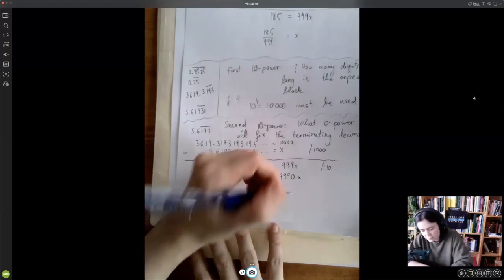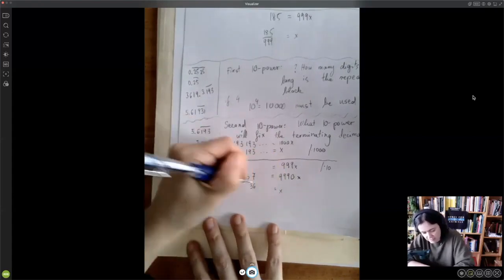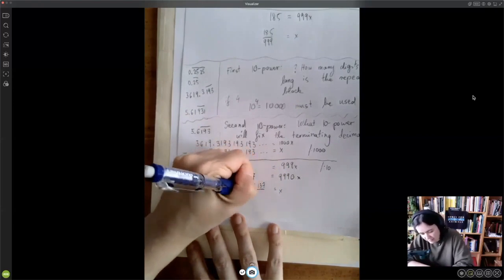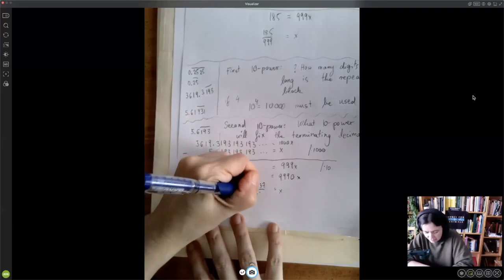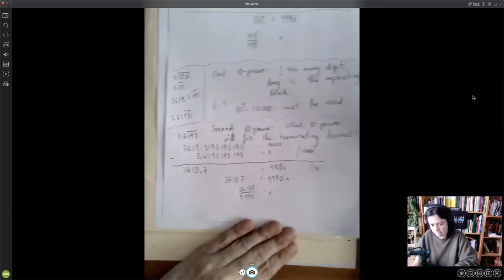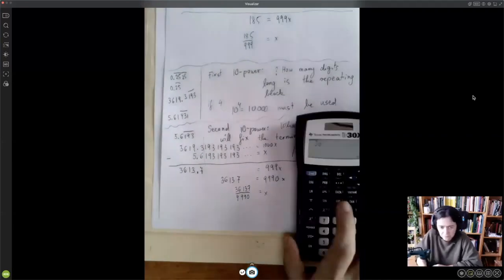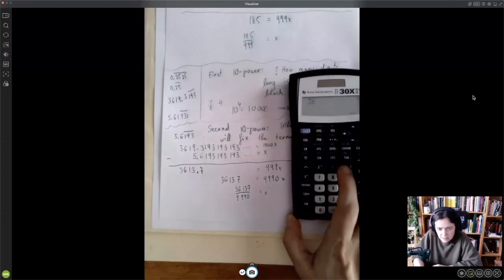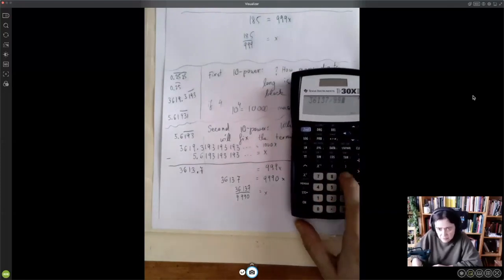So when we solve for x, we're going to have 36,137 divided by 9,990. So 36,137 divided by 999.